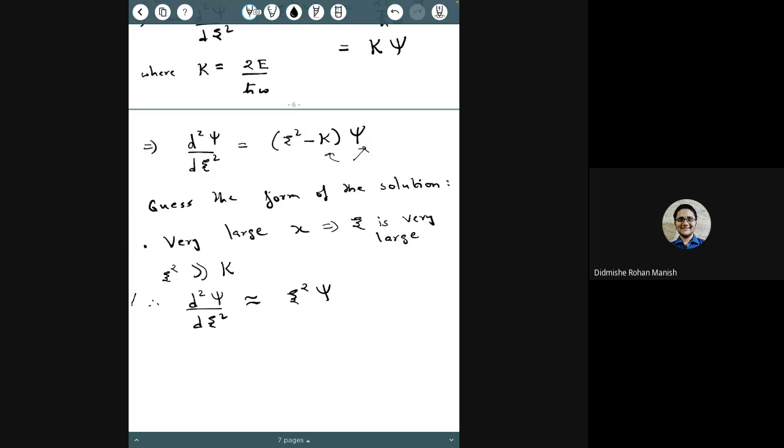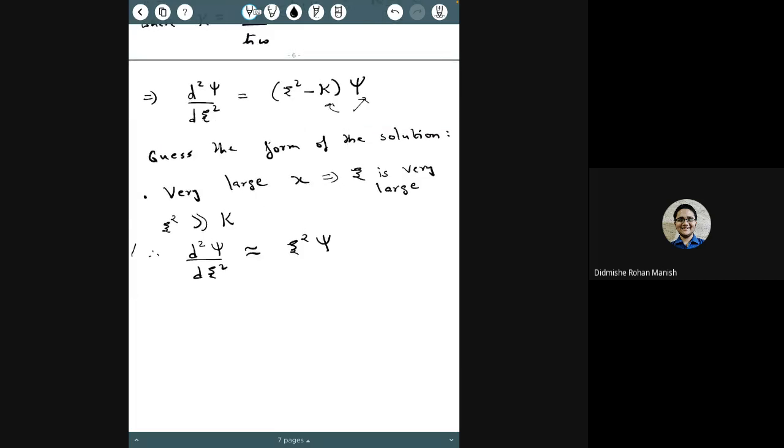Okay, and this is again a standard form of differential equation, and we know the solution, which is psi is equal to A e to the power minus xi squared by 2 plus B e to the power plus xi squared by 2.